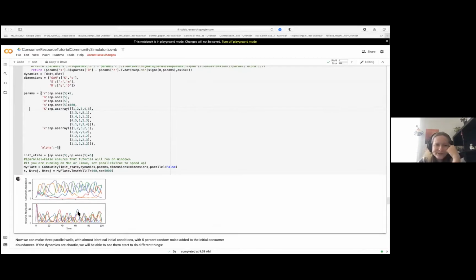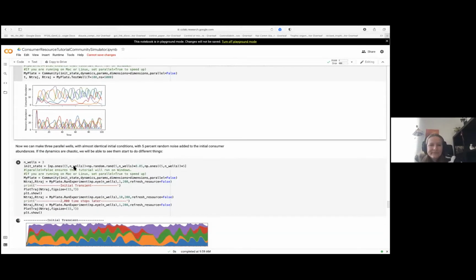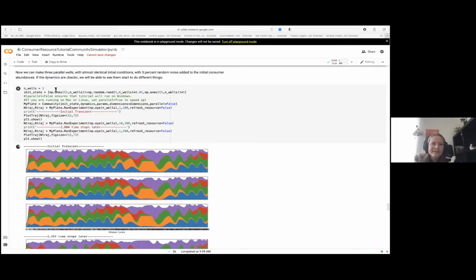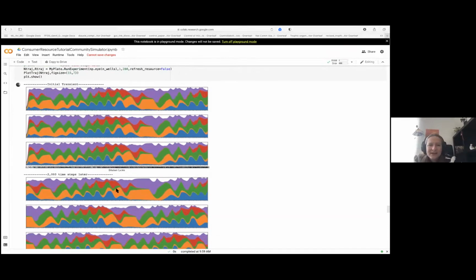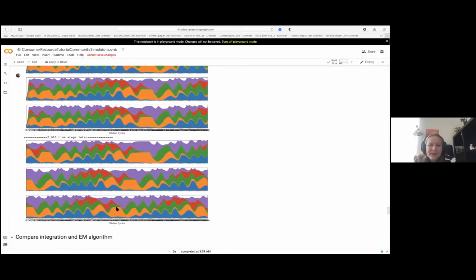Your resource abundances will also behave wildly, and you will have to experiment a lot with your parameters to get rid of this unpredictable behavior, actually. And yeah, this is just a demonstration of how this whole chaotic cycling looks in the model. And I think that's more or less it. It just shows you how to play with this package.